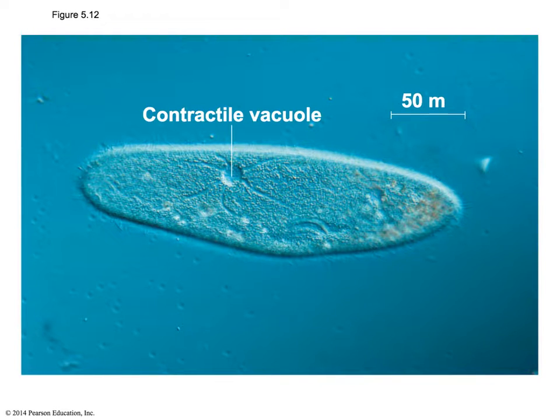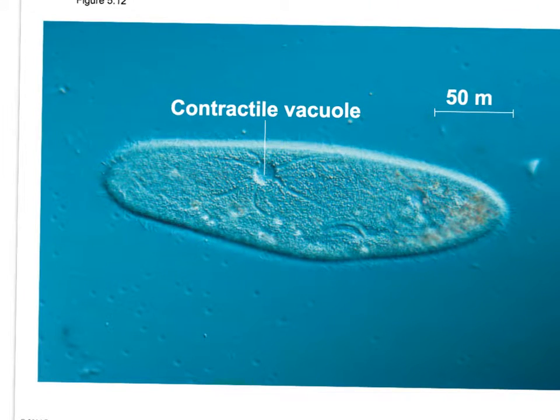There's an example of a contractile vacuole, right? So it's an opening inside the paramecium that will help regulate the amount of water outside and inside. It will swell and contract in order to maintain water balance.